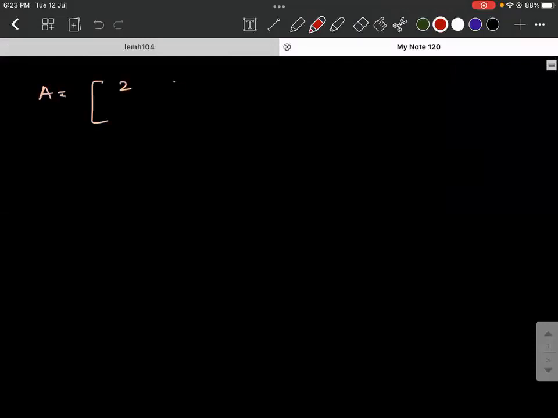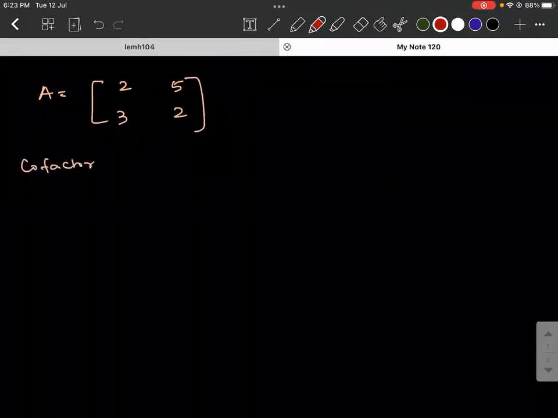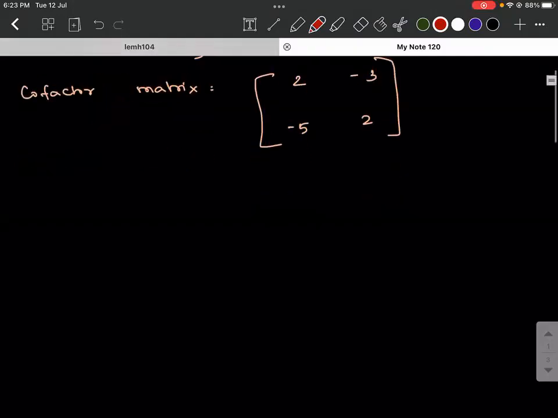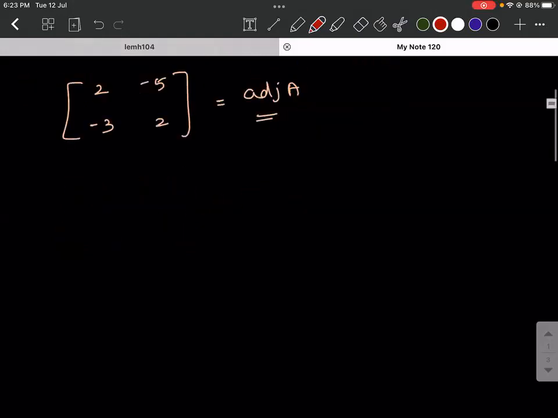What are the numbers? 2, 5, 3, 2. So what is the cofactor matrix? The cofactor matrix is 2, minus 3, minus 5, 2. So the transpose of this is 2, minus 3, minus 5, 2. This is going to be the adjoint of A. Is that right?